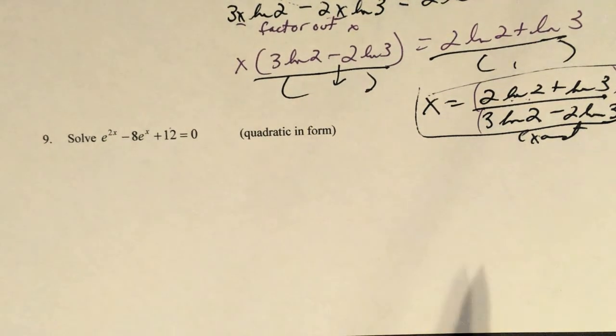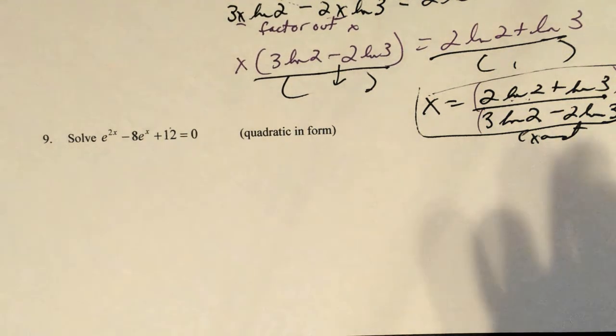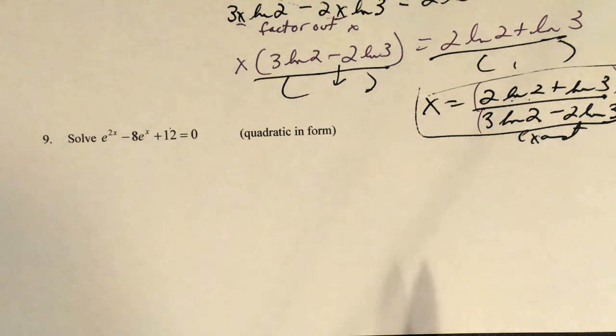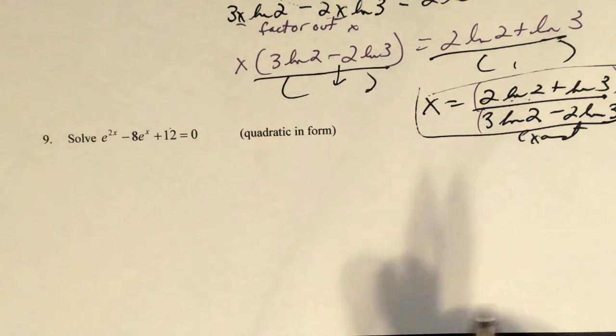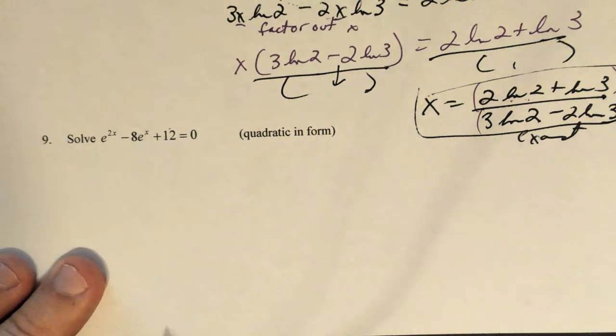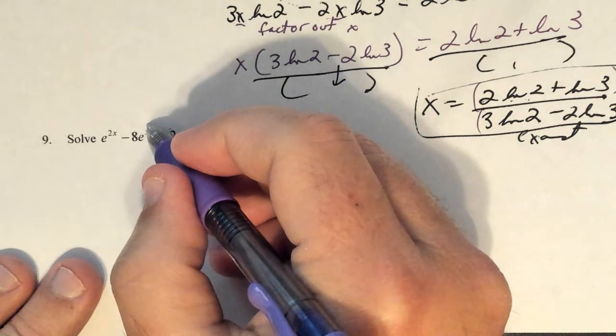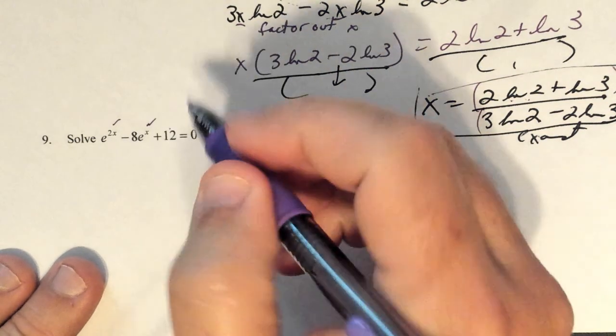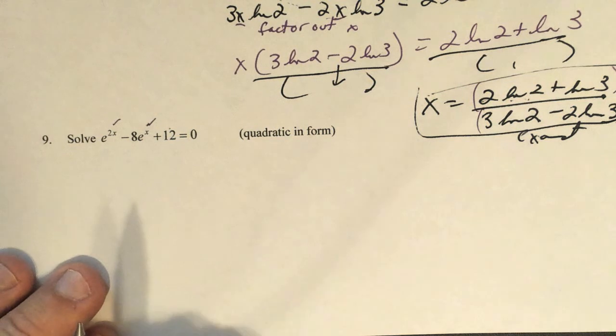Alright, then this last one. Kind of refresher on some factoring skills for you. Because if you remember, this is what we call quadratic form because look at the exponents. This one is half of this one, which means it can factor.